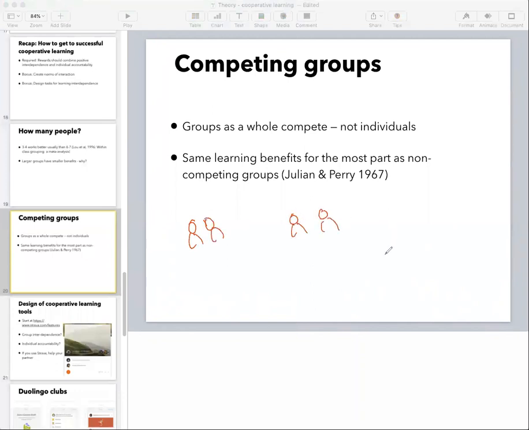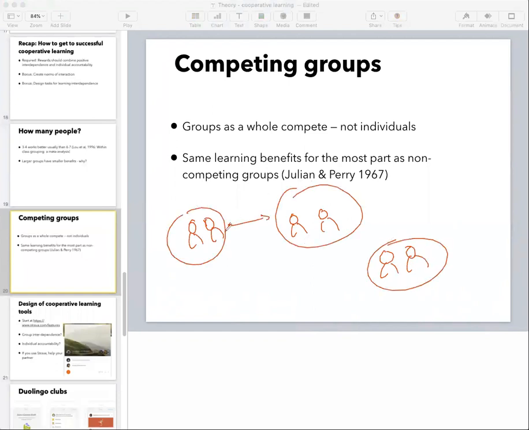Let's split the classroom into groups of students, and each group will compete against other groups. It sounds like a good idea, and in fact, it has no real downsides. The only thing is that it has the same learning benefits for the most part as non-competing groups. Again, I'm speaking broadly. There are cases where competing groups do have benefits.